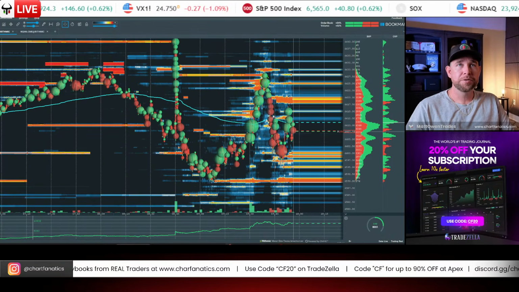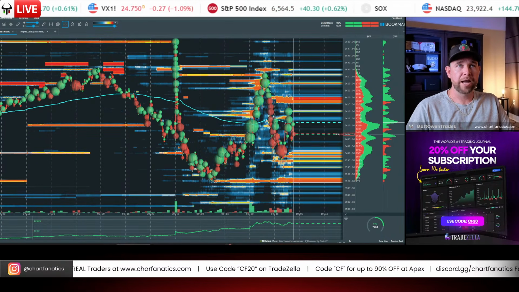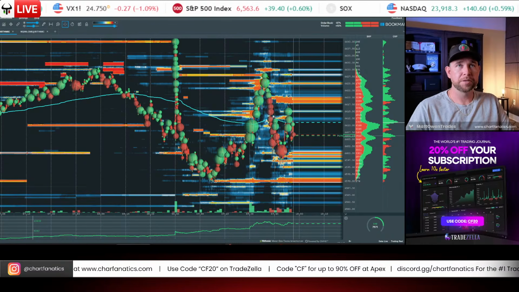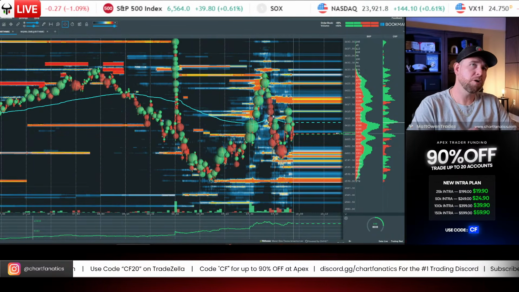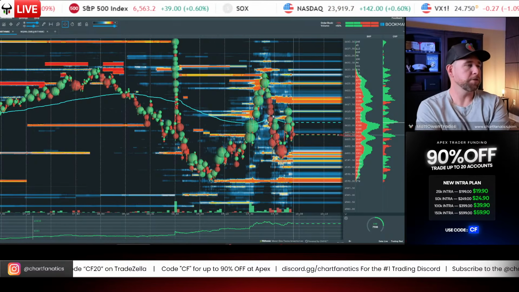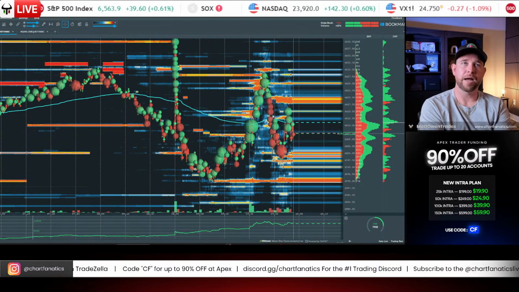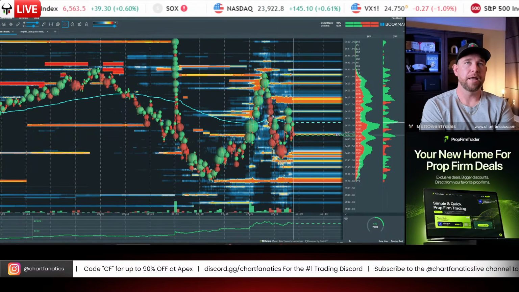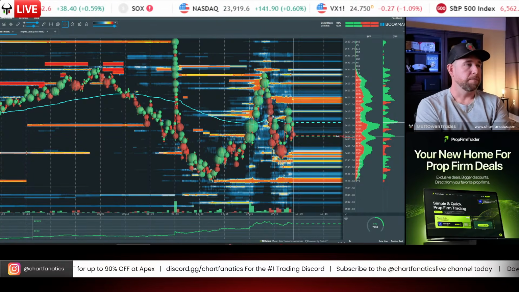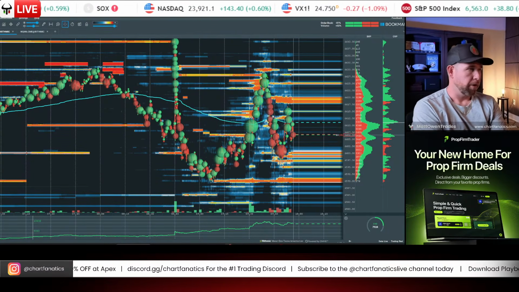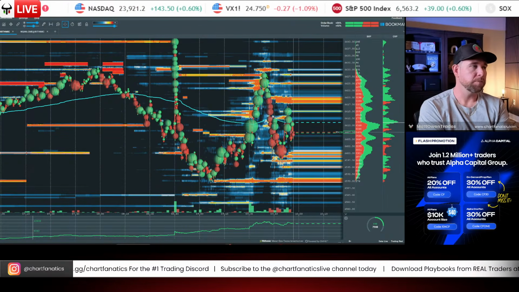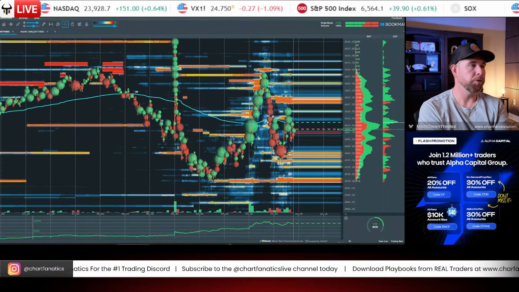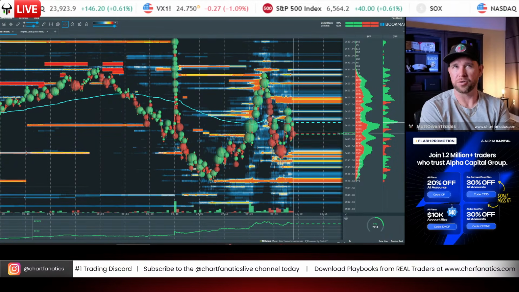My big issue is whenever I draw levels or zones, the market reacts 2 to 3 ticks away from it and I miss the trades. What do you suggest to resolve that? For me, I draw levels and zones as an area of interest. And then I'm really watching the order flow, and that's where my trade comes from. I want it to be at my level of interest, but I'm not going to be like, we're 2 or 3 ticks away and I'm not taking the trade.